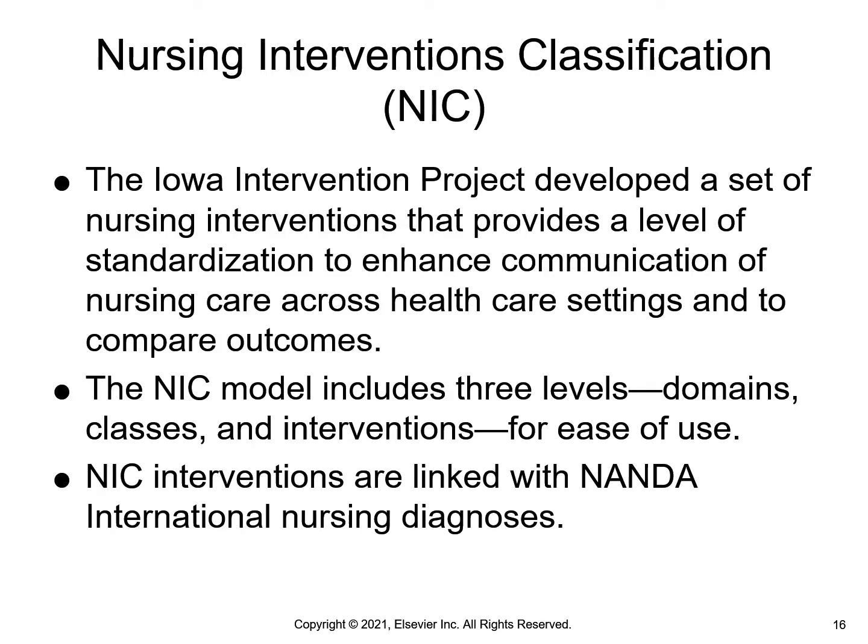Just as with the standardized nursing outcomes classification, there's also a set of nursing interventions classification that are standardized to help enhance communication of nursing care throughout all the actual care settings.